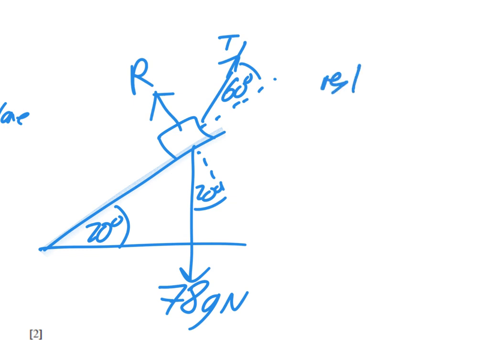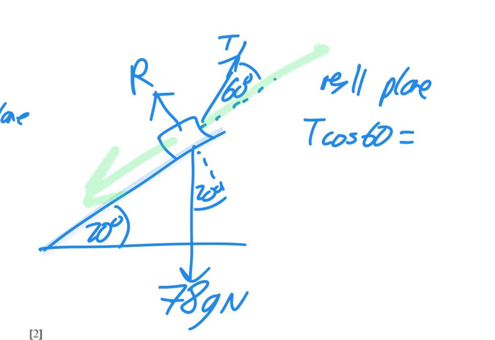We're going to resolve parallel to the plane. And again, the force up the slope, which is T cos 60, is equal to the force down the slope. So down the slope, you had the component of the weight going that way. Up the slope, you had the component of the tension going that way.